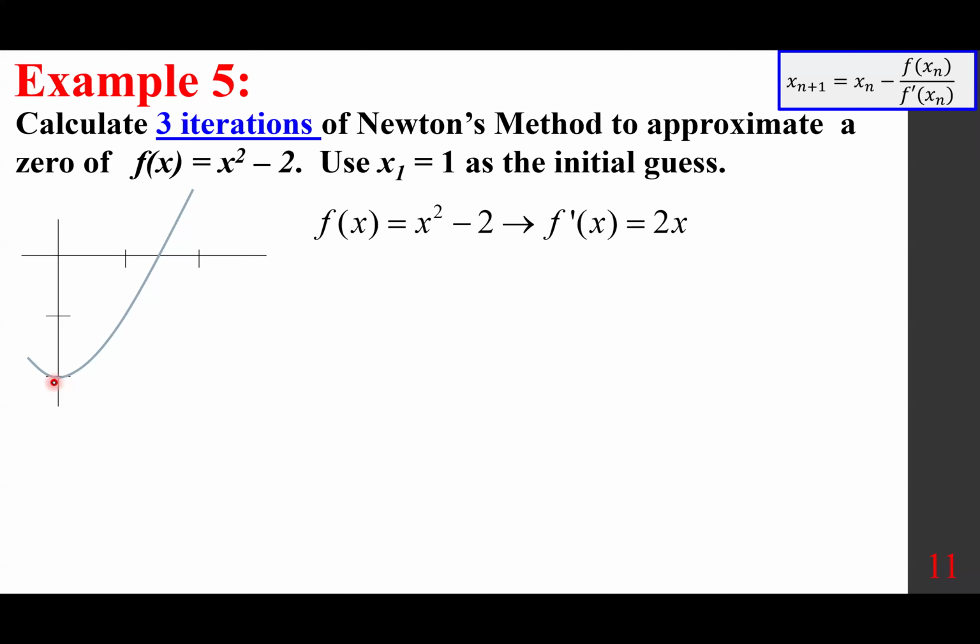That's why this is 0, negative 2. So at x sub 1 equals 1, this is where you have the location, you draw a tangent line. So we get to this point, which is really in essence x sub 2, okay?